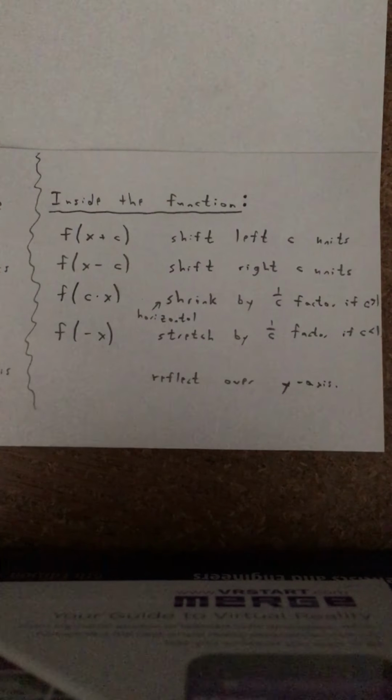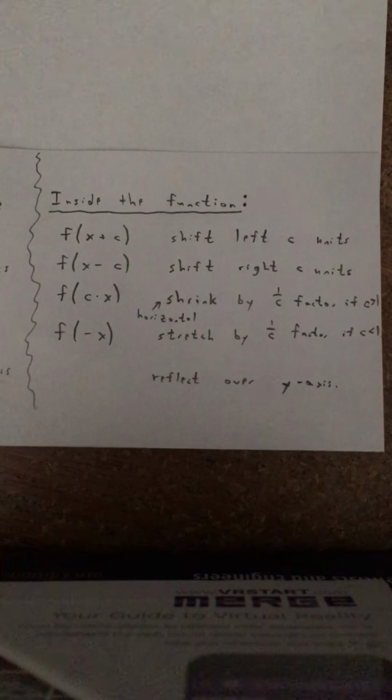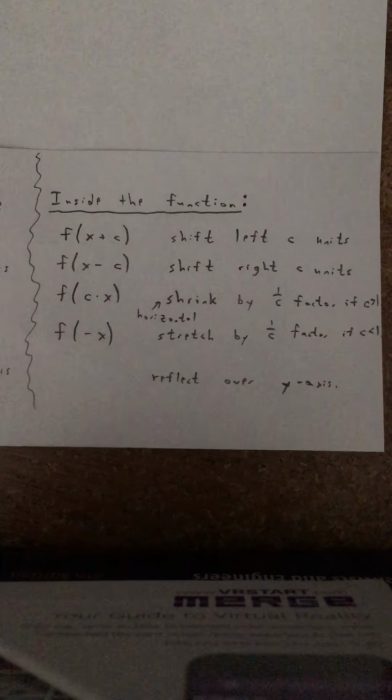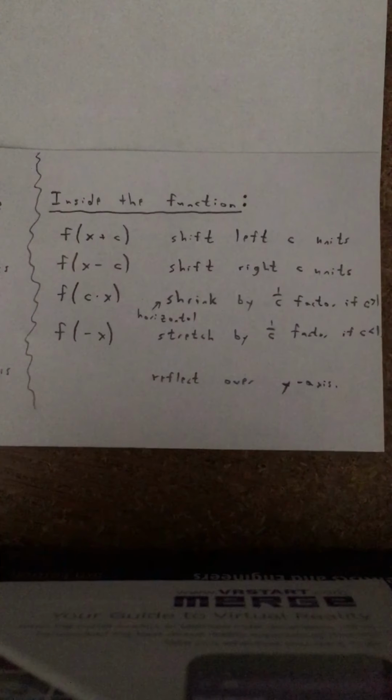So for example, if it was f of 2x, that's actually shrinking by a factor of 1/2. And if it was 1/3 times x, that's actually stretching by a factor of 3. And then, of course, the last one, f of negative x, is reflecting over the y-axis.